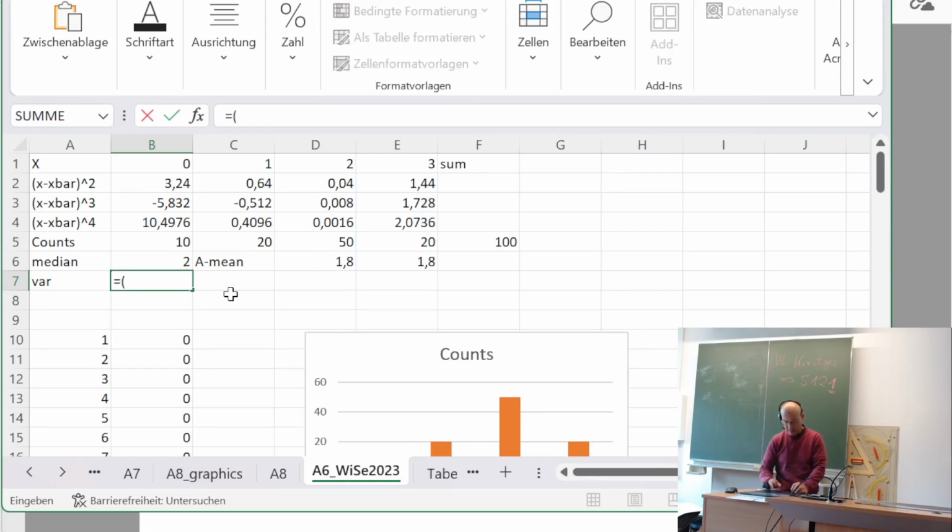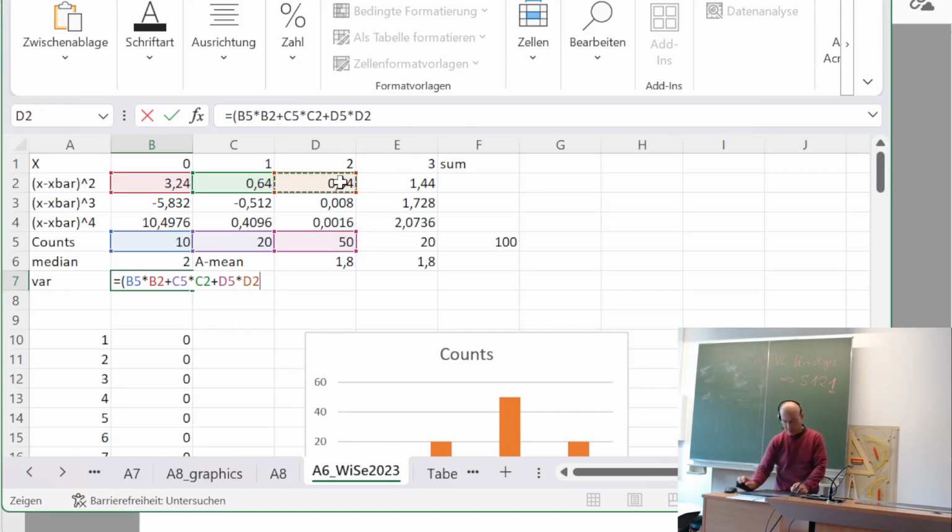So equals 10 times 3.2 plus 20 times 0.64 plus 50 times 0.04 plus 20 times 1.44.